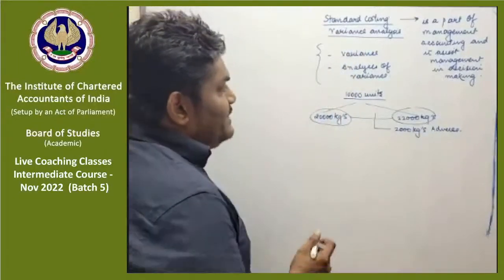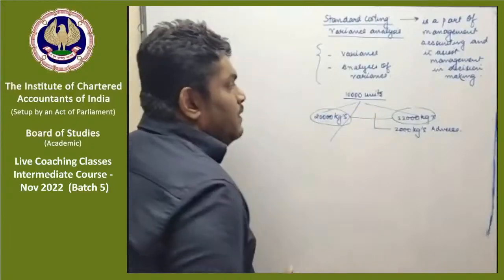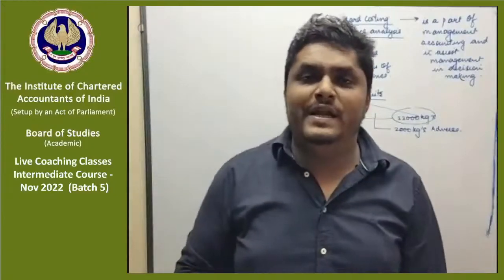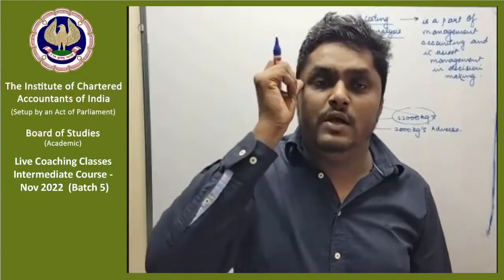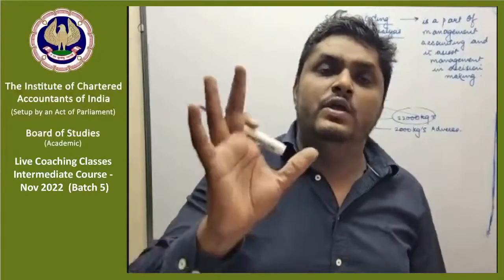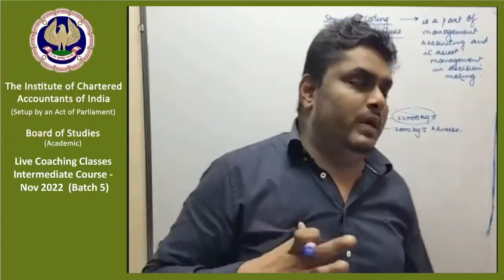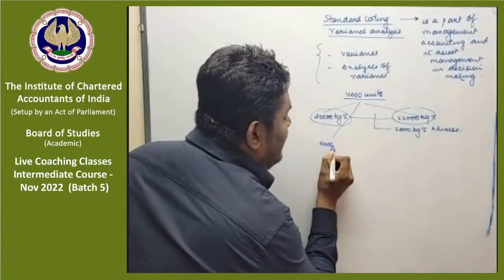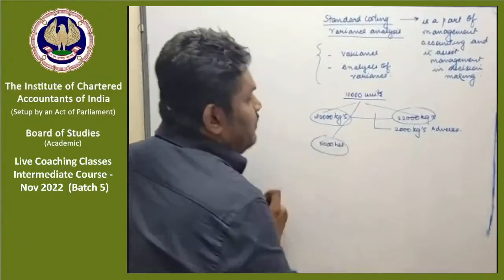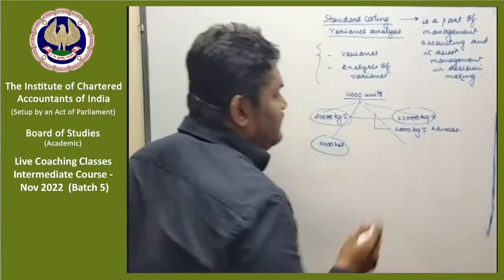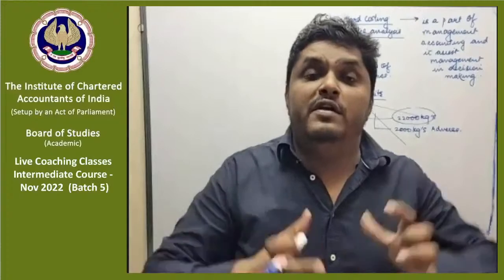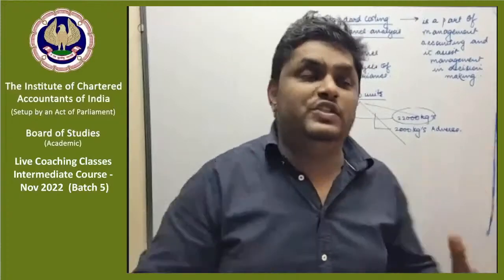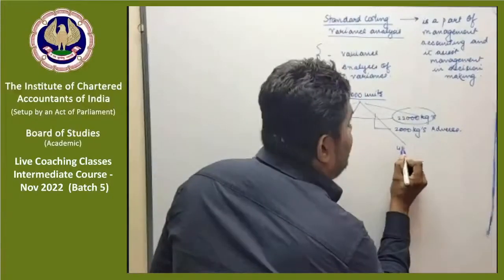Let's take another example. The company has predicted well in advance that these 10,000 units will be manufactured using 5,000 labor hours only. The work will be done in 5,000 hours only. Now, when the actual figures were out, my worker did a great job and they finished the work in 4,800 hours only.